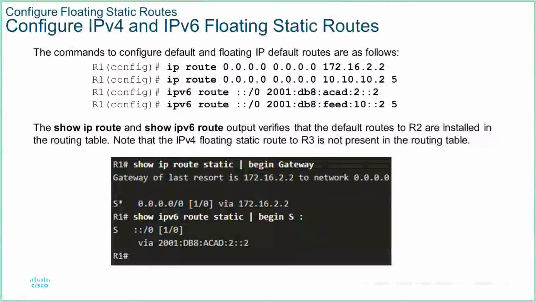So what appears in our routing table is the route to the same destination that is trusted more, which means the one with the lowest administrative distance, which is 1, so the 2.2 address. If that fails, it'll then use the second address.